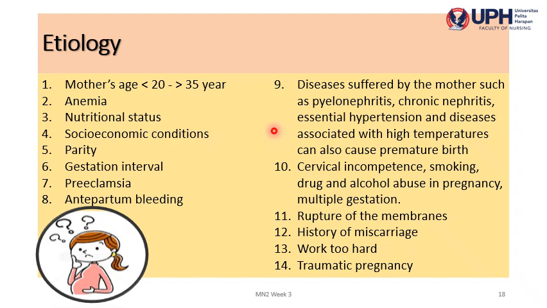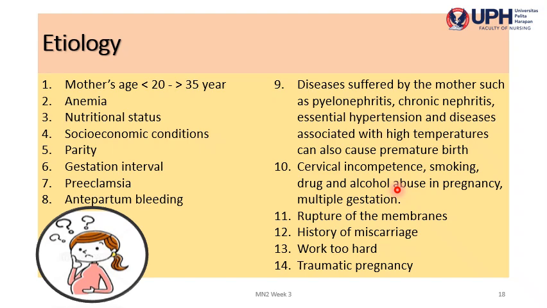Another factor is incompetence of the cervix. Some women have a cervix that is very weak, and it causes the pregnancy to easily come out. And also, probably the mother has a history of smoking, drug and alcohol abuse during the pregnancy, as well as a history of multiple gestation.